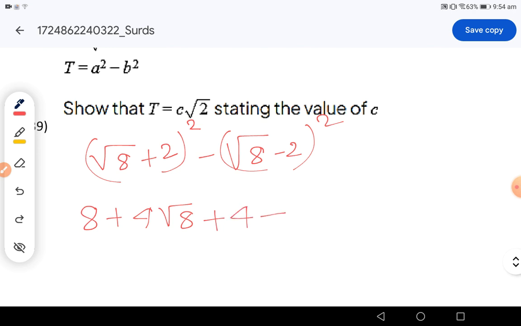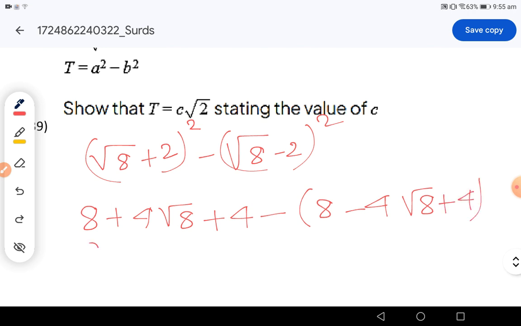Minus 8, and minus 2 into 2, 4, 4 root 8, and plus 4.